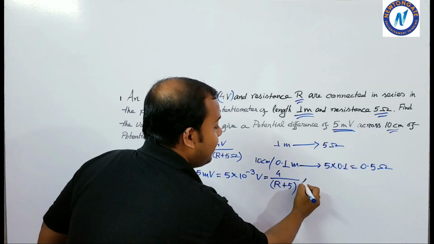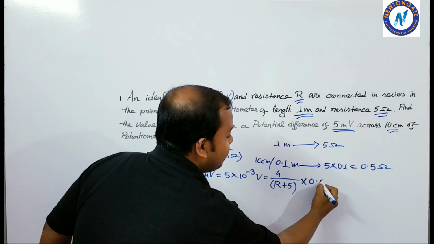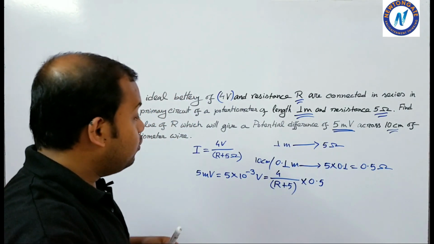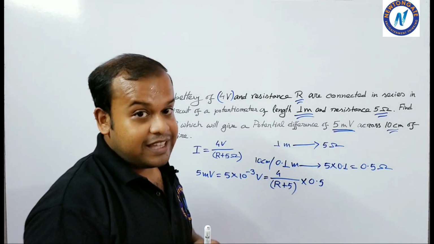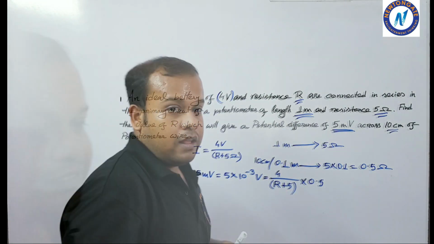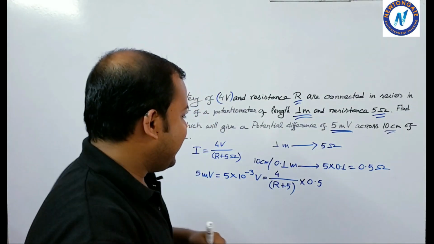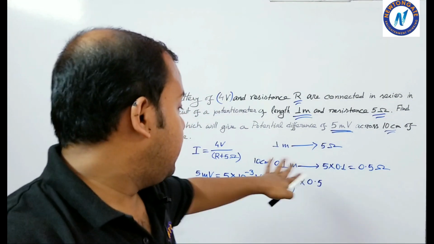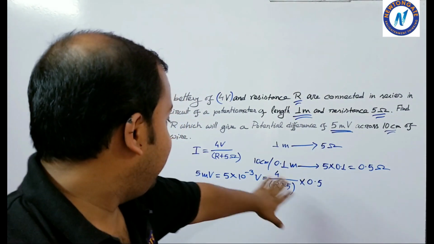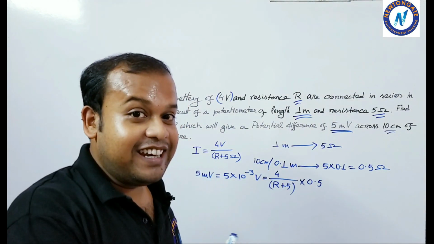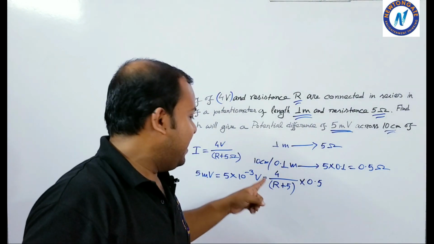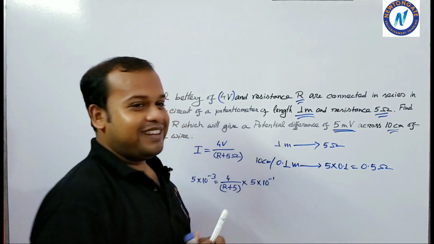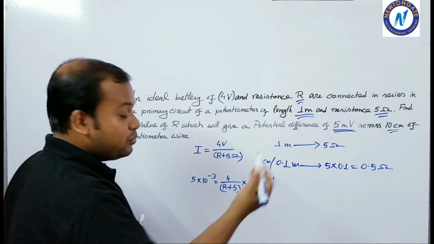So let us multiply this by 0.5. Now if I go into the deeper calculation, I can write the equation in a rearranged fashion like this. Let us do the division process.